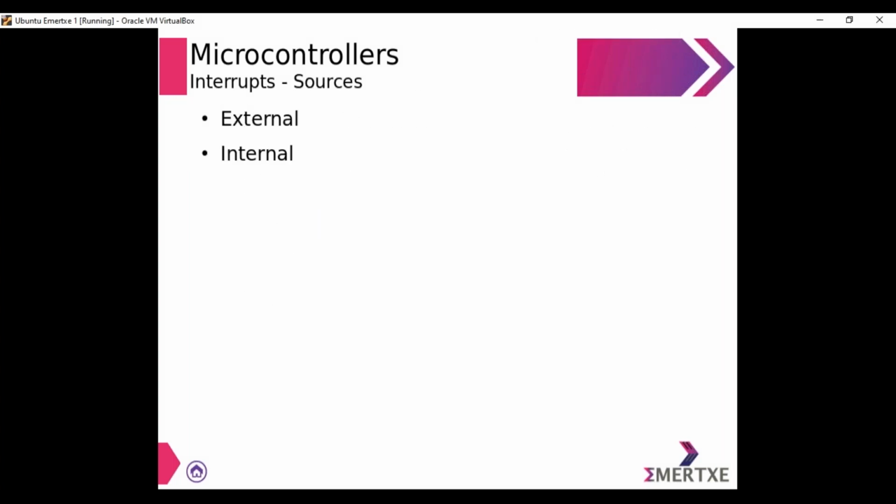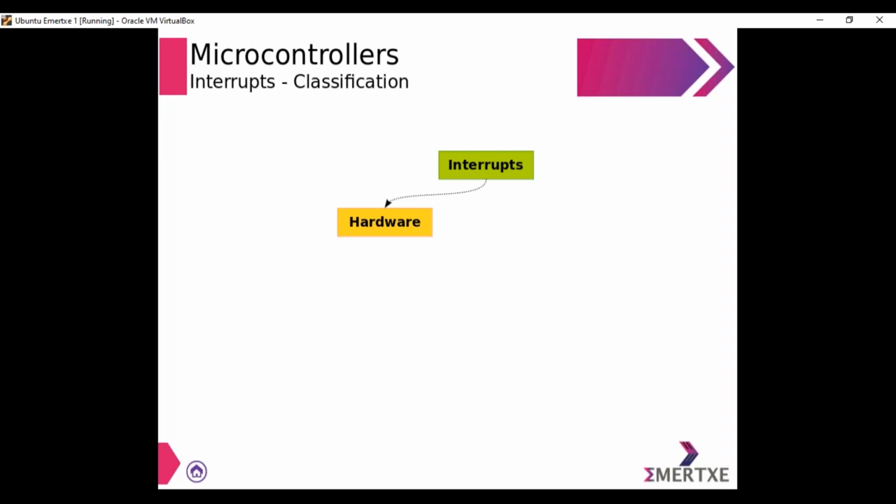Now, the classification of interrupts is first divided into two categories. One is hardware interrupt, the other one is software interrupt. If the interrupt is because of some hardware device, it's a hardware interrupt. If the interrupt is because of some software, it's a software interrupt.